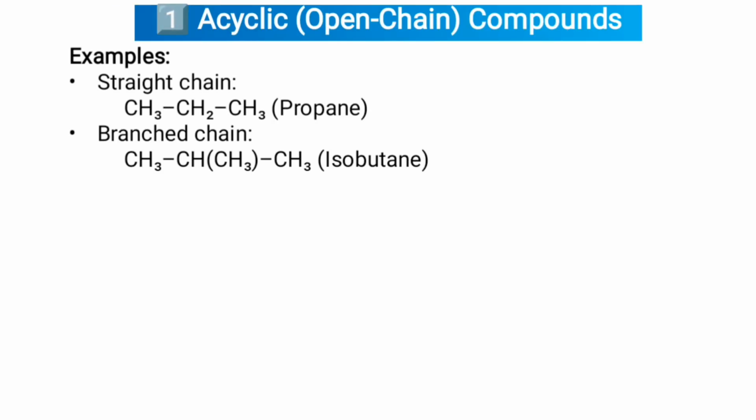Examples: straight chain CH3, single bond, CH2, single bond, CH3, propane. Branched chain CH3, single bond CH, also bonded to CH3, single bond CH3, which is isobutane.